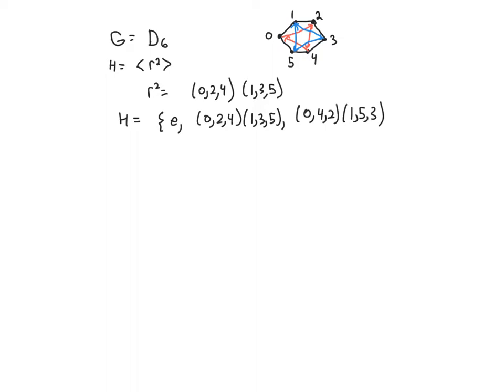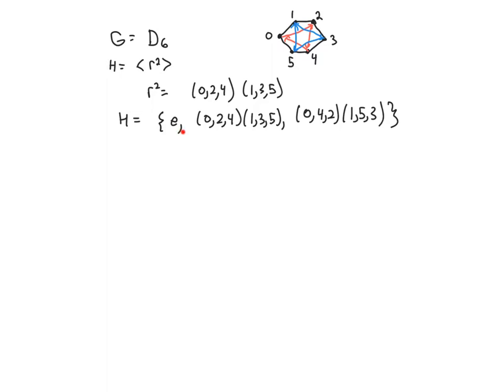And this element has order 3, this element has order 3, these cycles commute, and so this product has order 3, and so we see that if I cube this element, I get the identity. So this is the entire subgroup. The subgroup itself is order 3. So that's all of H.